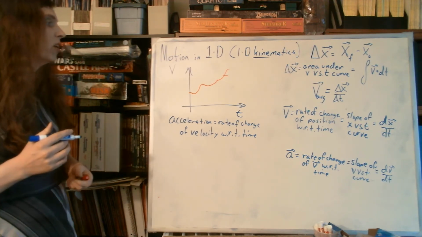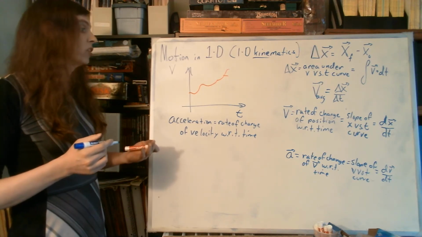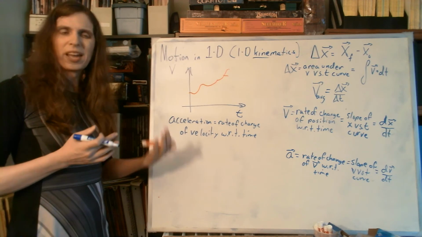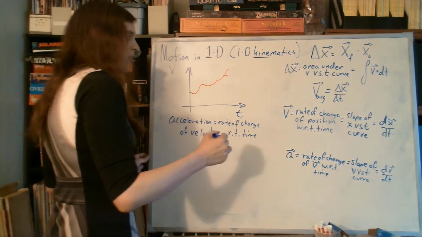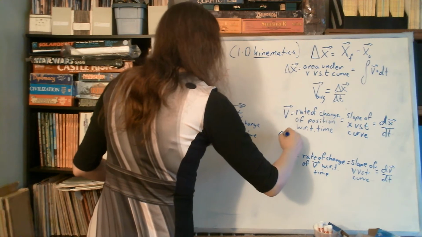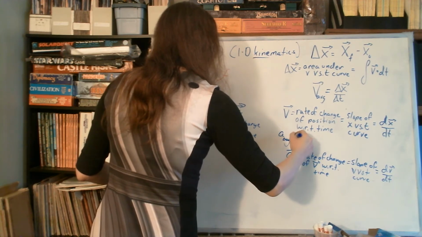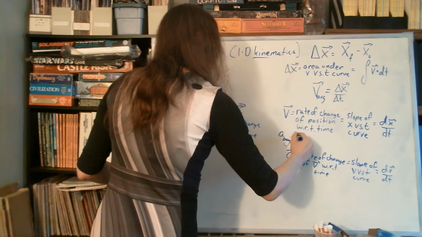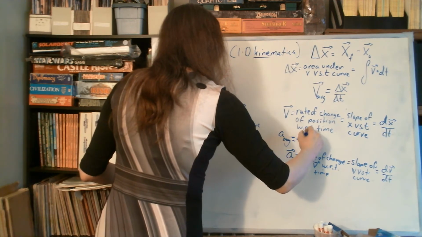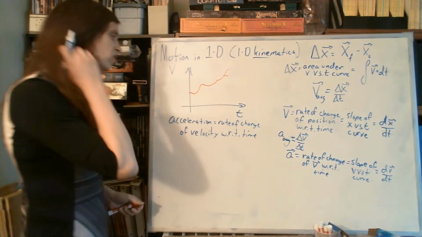And we then could also say, well, we've got to be playing the same tricks here. We must also mean that A average has to equal the change in velocity with respect to the change in time.